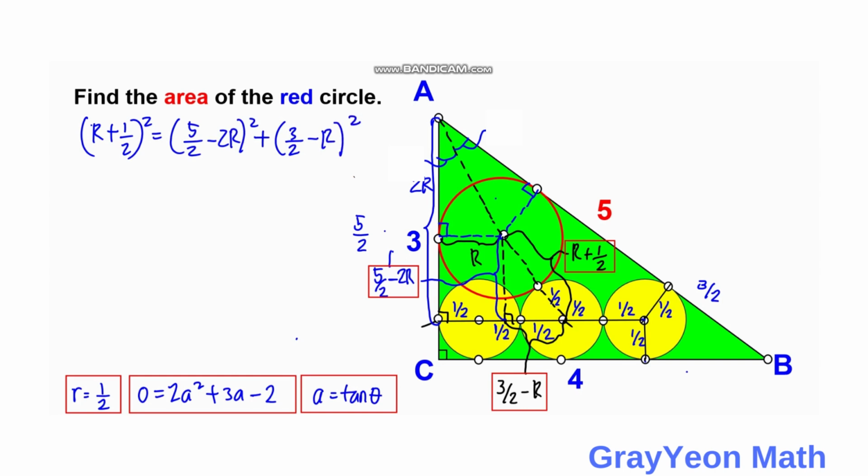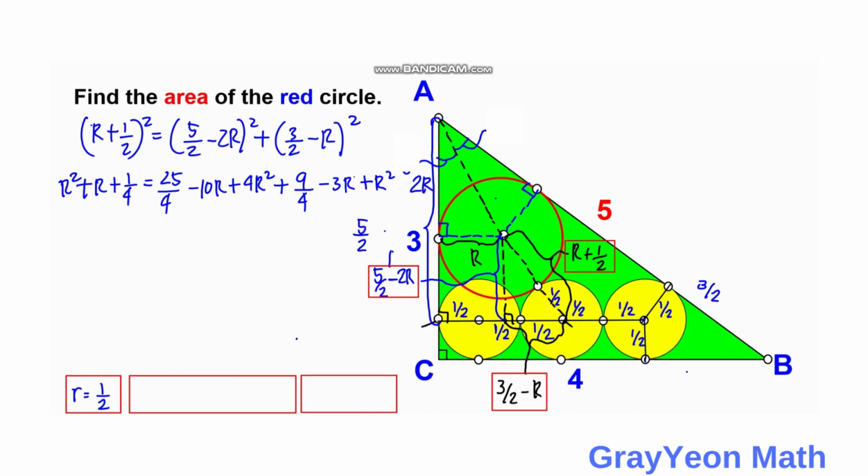So we have r squared plus 2 times 1/2 times r is r, plus 1/4 is equal to 25 over 4 minus 10r plus 4r squared plus 3/2 squared becomes 9 over 4, then minus 3r plus r squared.